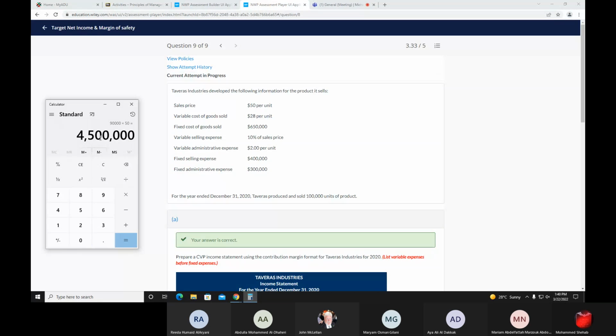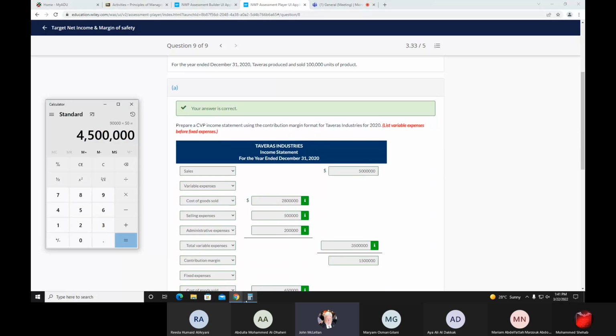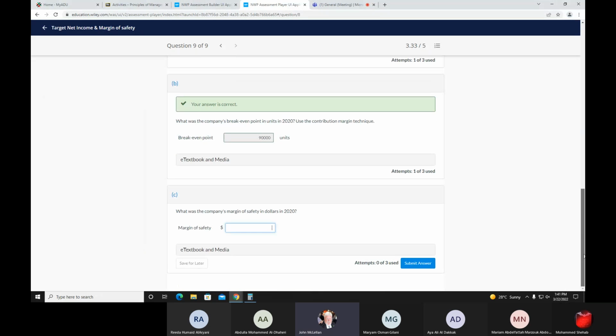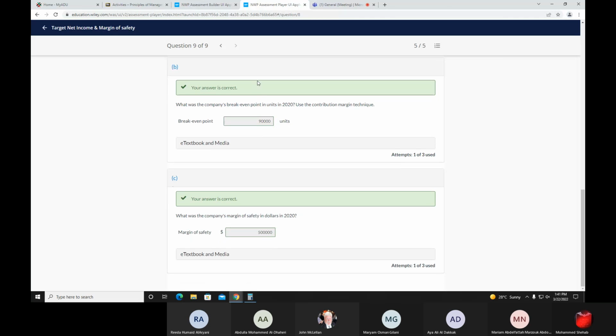And the total sales was 5 million, so therefore 500,000 is your margin of safety. And that's all I wanted was their margin of safety in dollars. Very good.